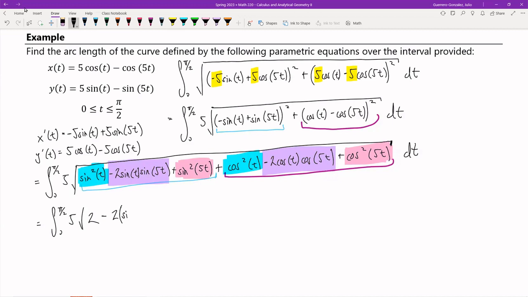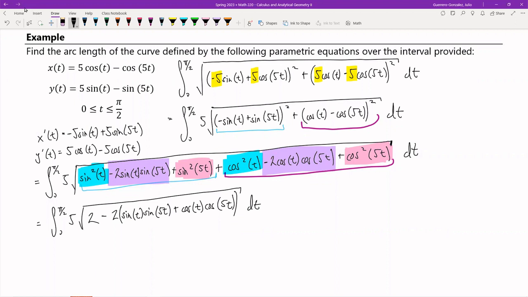So it's going to be sine of t sine of 5t plus cosine of t cosine of 5t, and parentheses. And now I'm going to put the hat on it. dt.